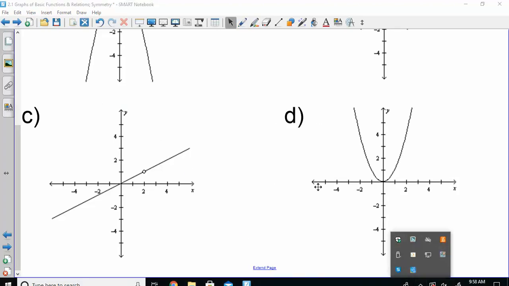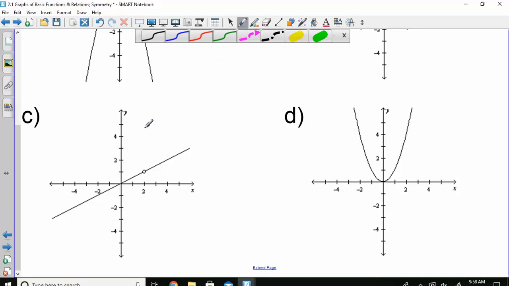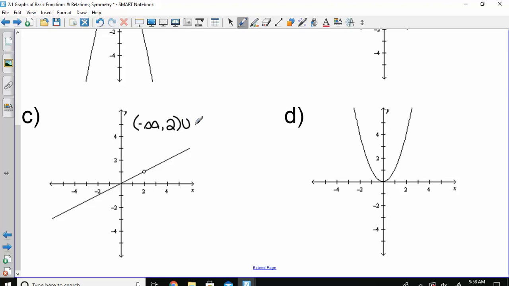What do you think for the first one? Where is it continuous? Union 2 to infinity. It's continuous everywhere except at that open circle at 2. And D? Everywhere. No breaks in the graph there.